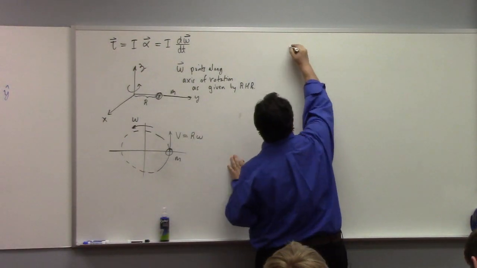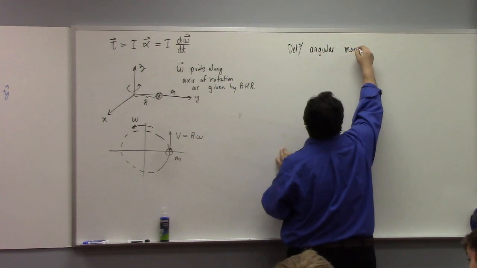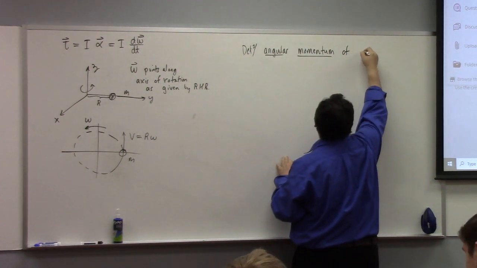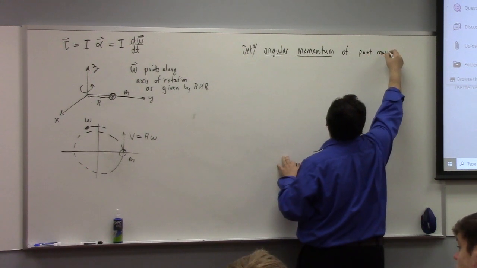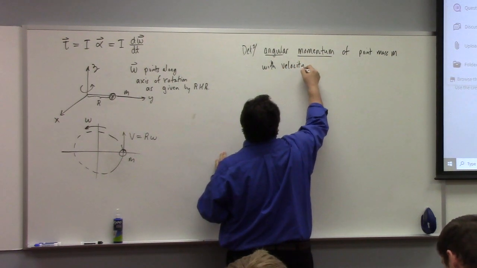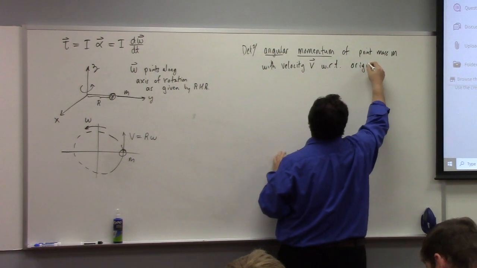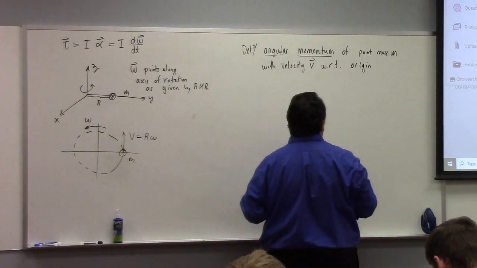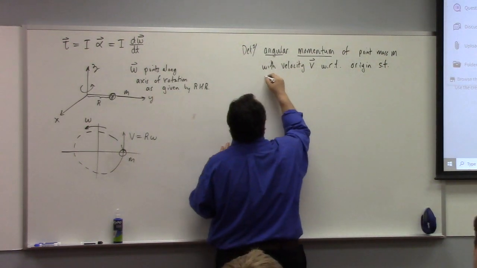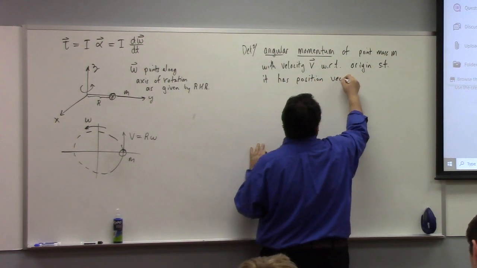So next definition is angular momentum. And we'll start out by talking about the angular momentum of a point mass, m, with velocity v with respect to a given origin, such that it has position vector r.